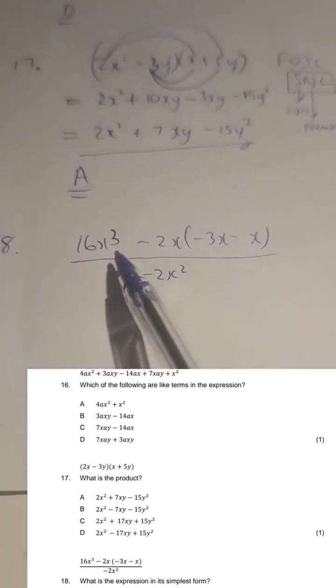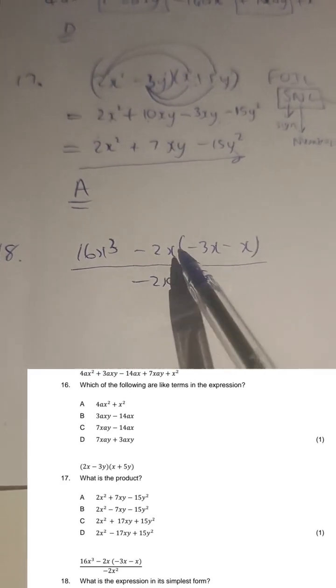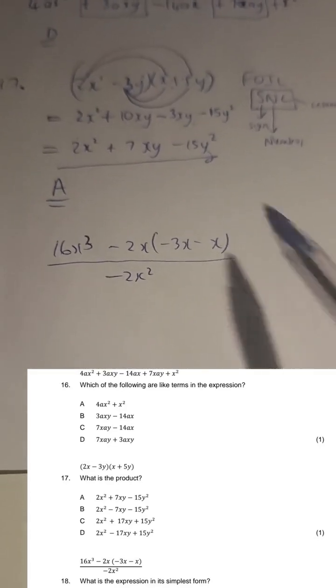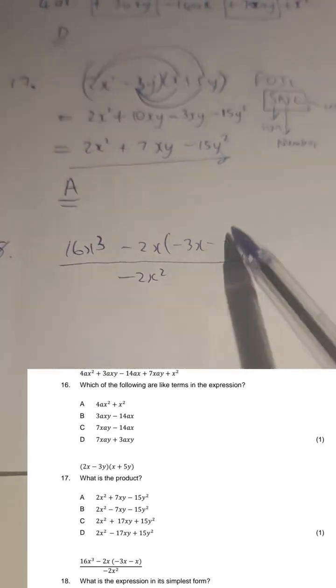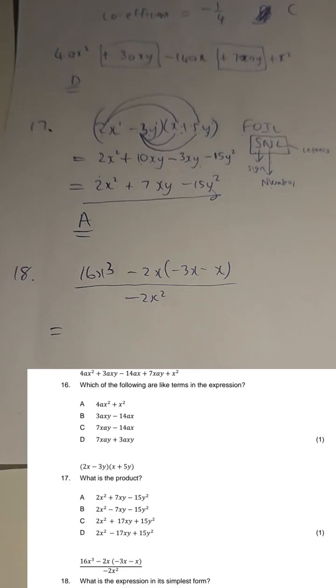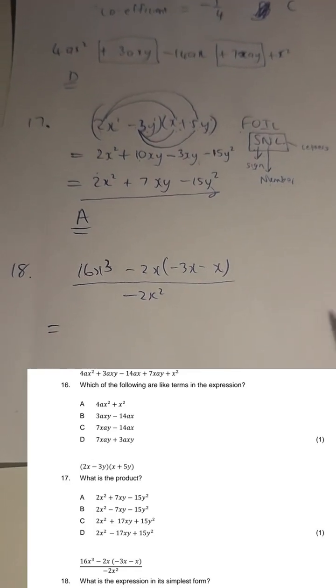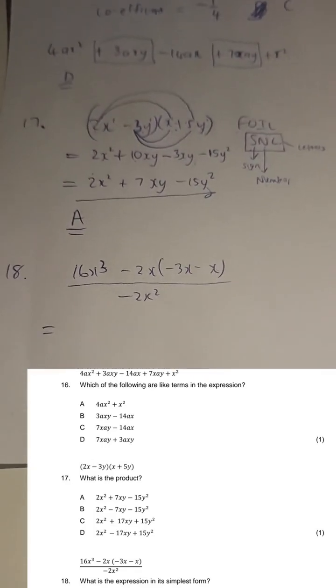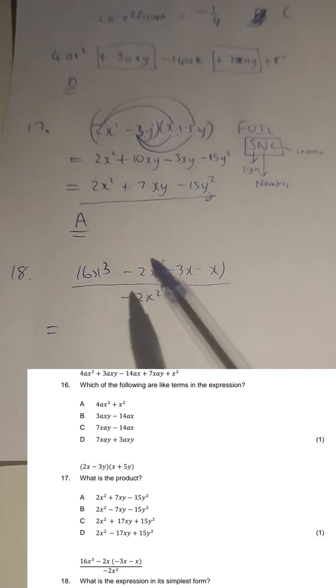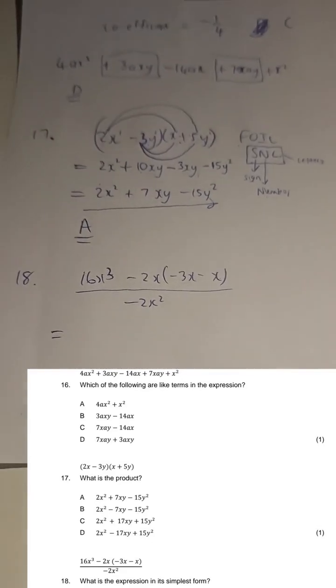So guys, let's come here. 16x cubed minus 2x into minus 3x minus x over minus 2x squared. Let's first focus on the numerator and simplify what we have there, with our knowledge of BODMAS. The first thing I always ask when simplifying terms in the numerator is: how many terms do we have?